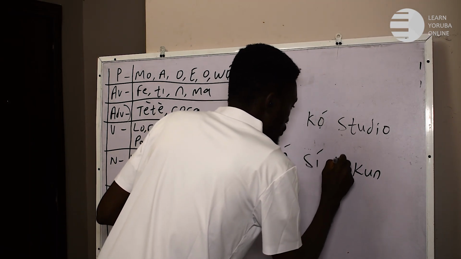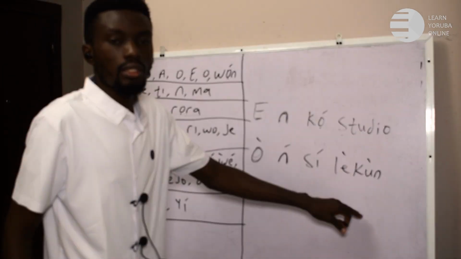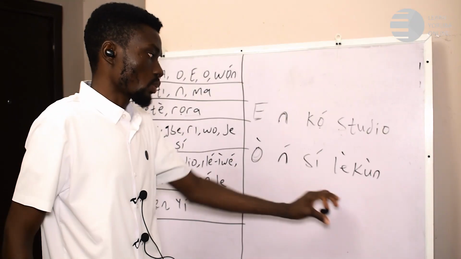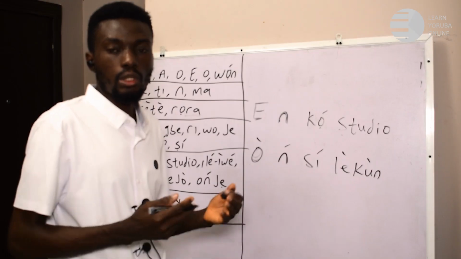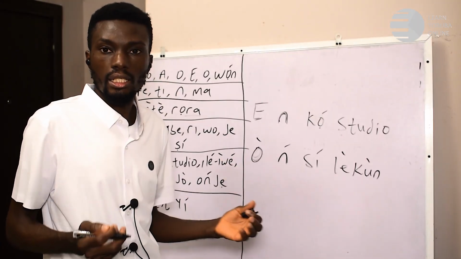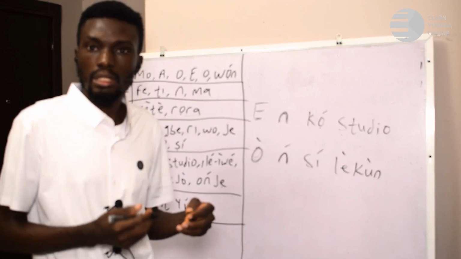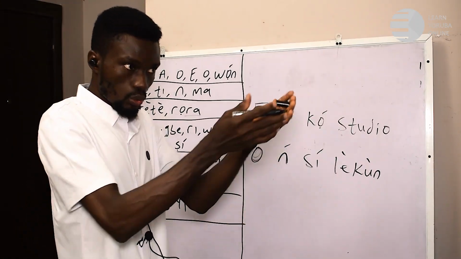Òun ṣí lẹ́kùn, which is you are opening the door, or you are opening a door. Of course, this one can actually be you are opening the door, but you can actually skip the yẹn, which is the, because most of the time when you are talking about òun ṣílẹ̀kùn, that is you are opening a door, we already know that it is a door.